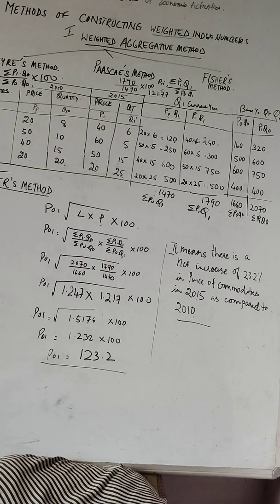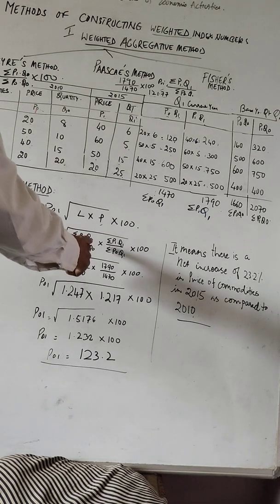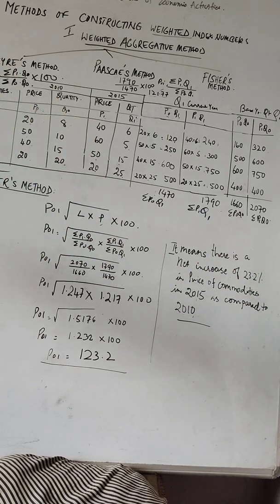Let me just once again let you know which is the ideal index number. Obviously they say that Fisher's index number is called an ideal index number. Why? Because it is based on variable weights, and secondly, it takes into consideration the price and quantities of both the base year and the current year.